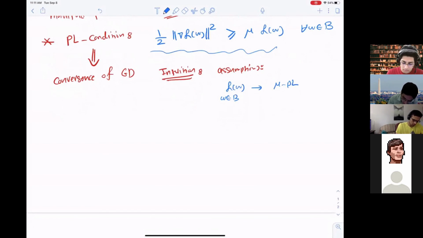We also assume it is beta-smooth. It means the eigenvalues of the Hessian are bounded by a particular number, let's say beta. Again, the Hessian doesn't have to be PSD, so we just need the bound on the curvature values. That's all.